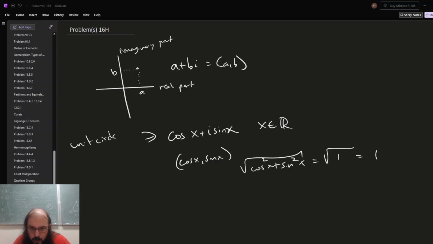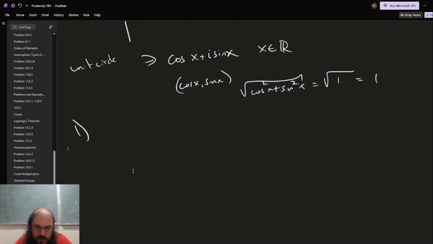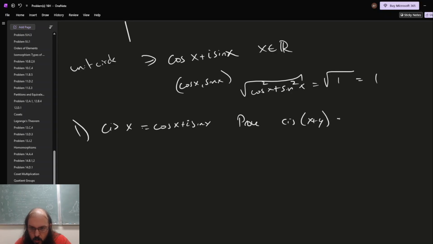Okay, so what are the questions? The first part says that we write cis x for this expression, and we're asked to prove that cis of x plus y equals cis of x times cis of y.